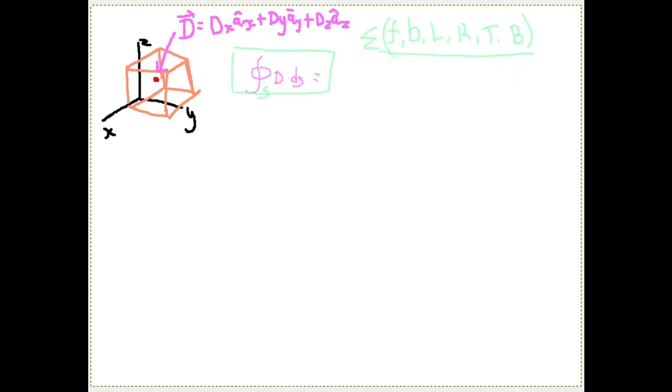Let me go for the front surface. Okay, so for the front surface, what are the assumptions we are going to have? There is a differential with respect to y, and a differential with respect to z. This is the front side for me.